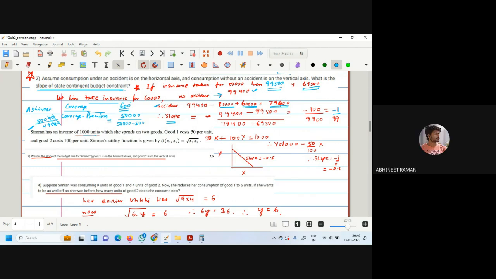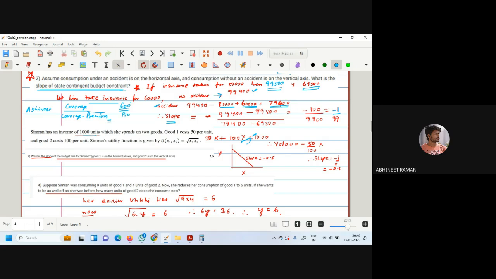Coverage was 100 and premium was 1 rupee. Okay, so it will become, sorry, premium upon coverage minus premium.